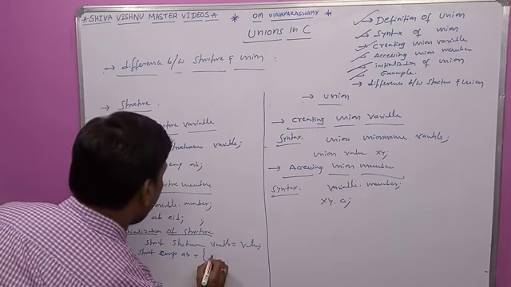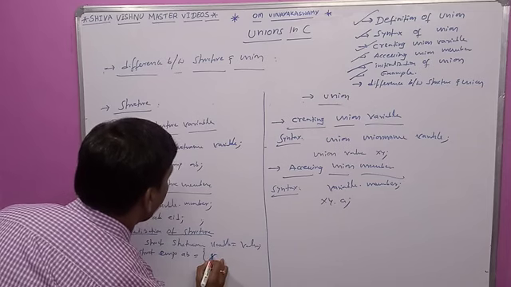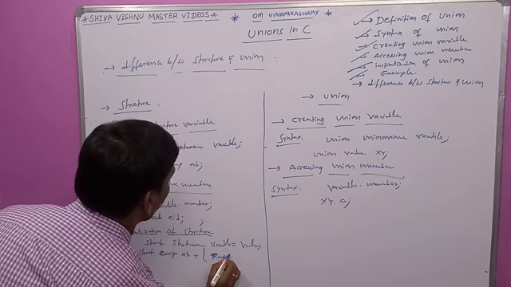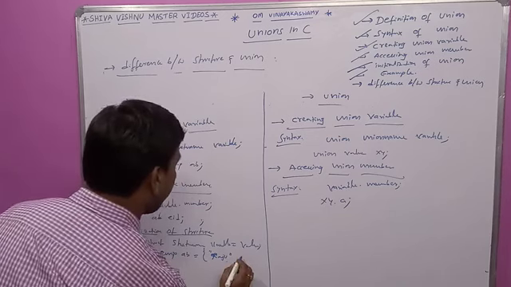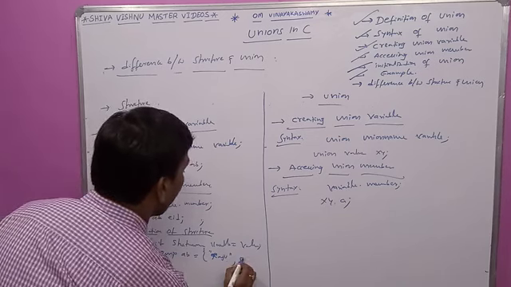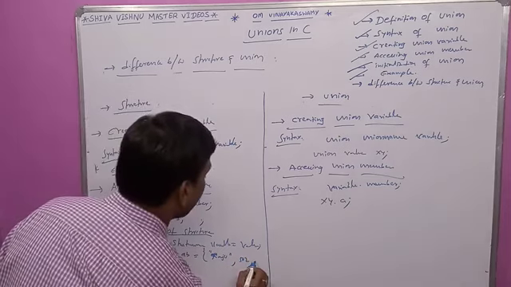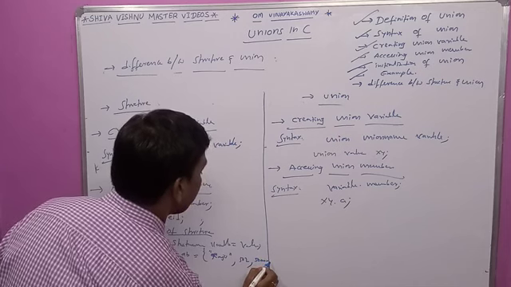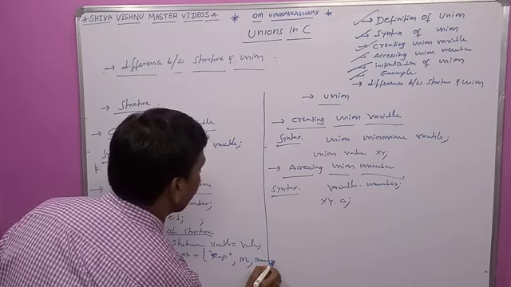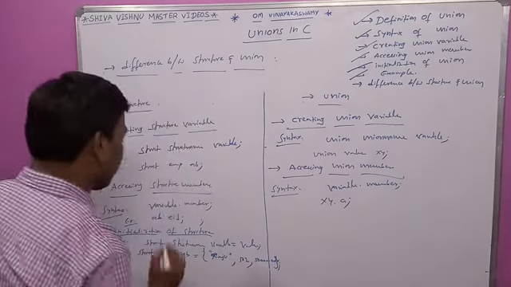Here the employee name, emp name, you can write Raju. Next the employee ID is 502, and the salary is 50,000, which is a floating point. So close with a semicolon like that.